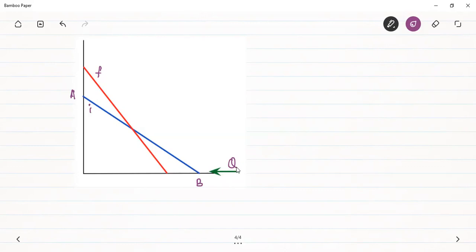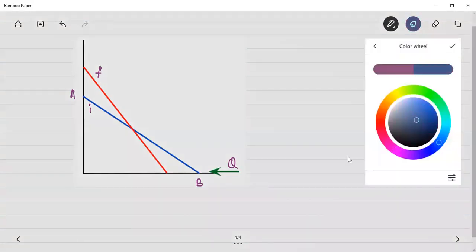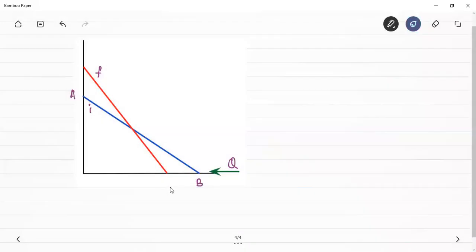Under the equilibrium of this force system, this rod will stay in its position, but still I'm showing some imaginary displacements. I have shown the displacement of the point B. Therefore, this has to be its final position B dash, and this has to be the final position of A, that is A dash.